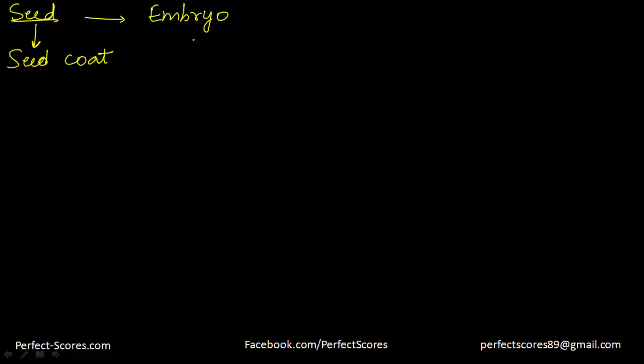The next important thing you need to know is the seed. What is the seed? Now seed is divided into two parts. One is the embryo, that is the main part, and the other one is just a cover, that is known as a seed coat. Now this embryo is further made up of three parts.